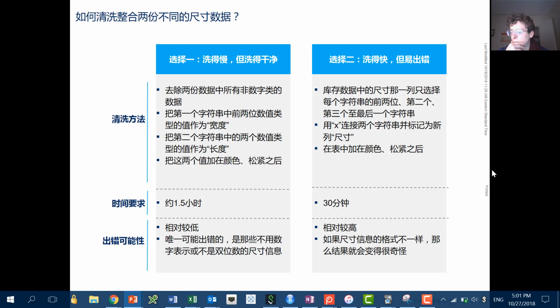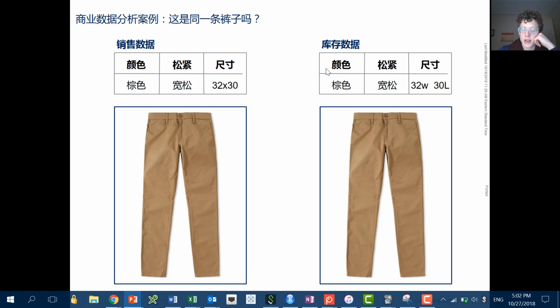So what is option two? Option two is, I'll teach you guys an English word. It's called a janky solution. And janky just means that it is not a very well structured solution, but it gets the job done. So this will take me 30 minutes. All I'm going to do is realize, oh, okay, the right hand side had a pattern, let's look at this pattern right here.